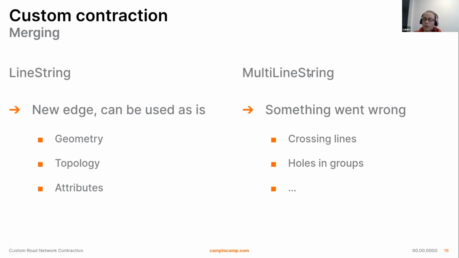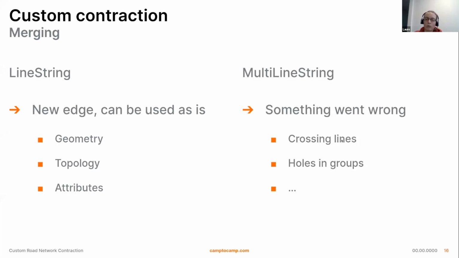When we get a multi-line string after we merge the group, it means that something went wrong. There are several possibilities for the algorithm to go wrong. We will see that later on in the live example, but most of the time it will be clusters that form because some lines were crossing. It's mainly because we are working with 2D data, and tunnels and bridges will cross when they are not crossing in real life, and we are not working with 3D data.